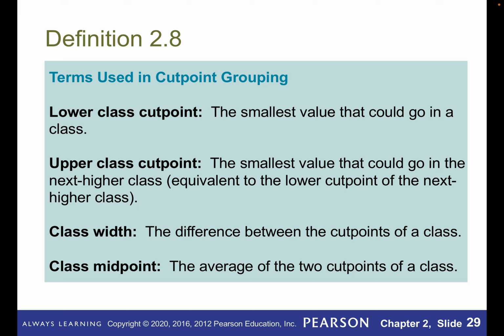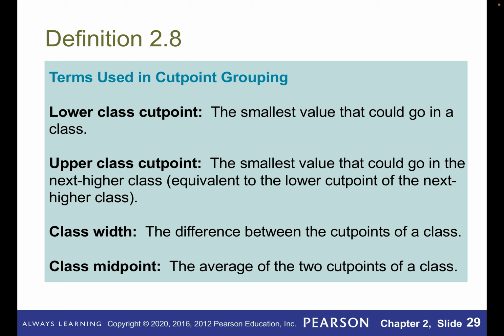And the upper class cut point, and see here's where the difference comes in. The upper class cut point is not the largest value that can go in that class. It's the smallest value that could go in the next higher class. Because with cut point grouping, there essentially is no highest value that can go in a class.